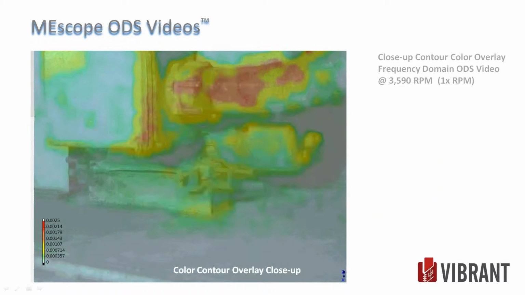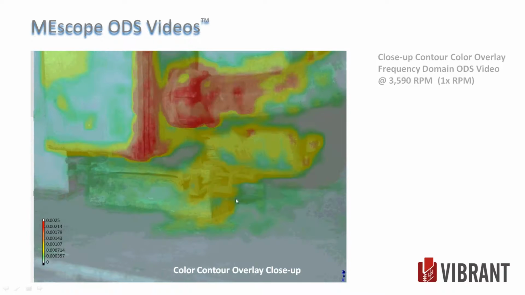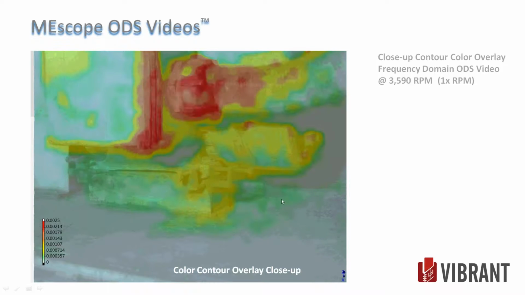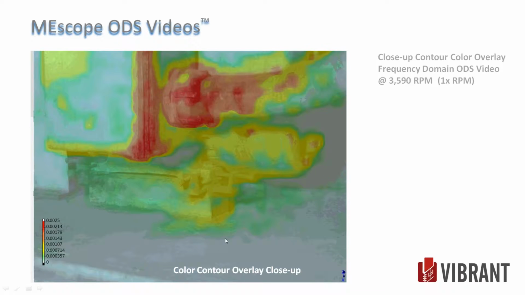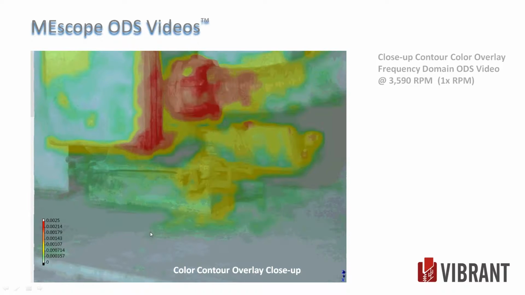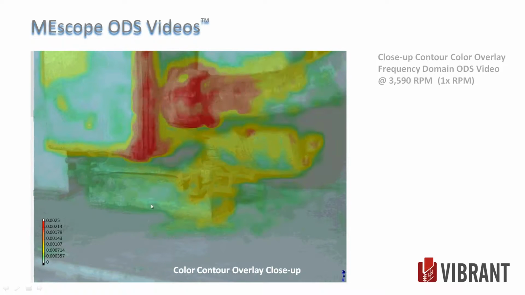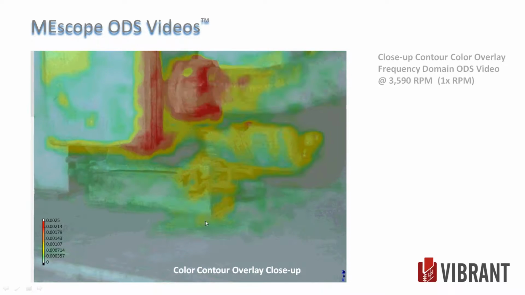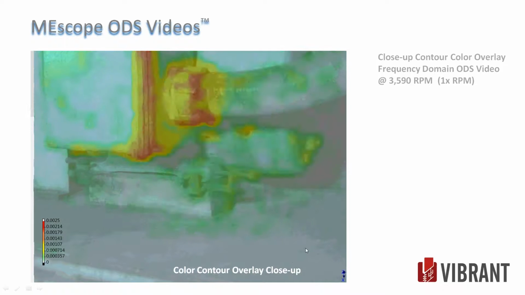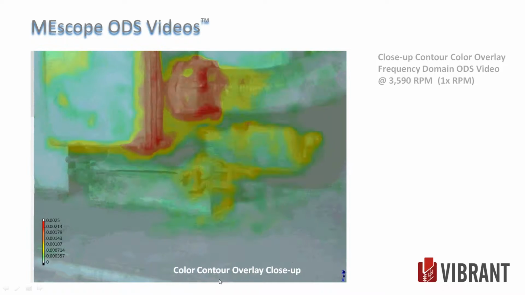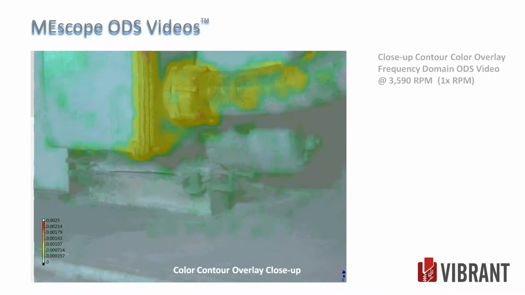Back up to my color contour overlay, I can see in this view that there's something going on in the base plate. And if you've seen other webinars from me, this has been in a couple of them, and we talk about the problems probably associated with this foot.